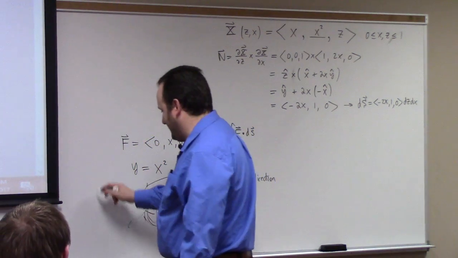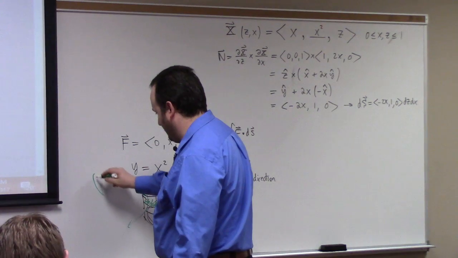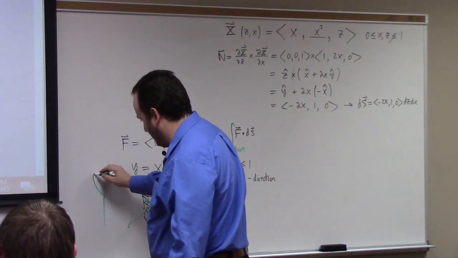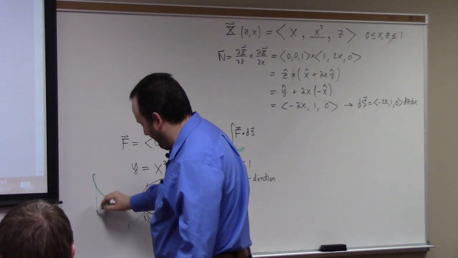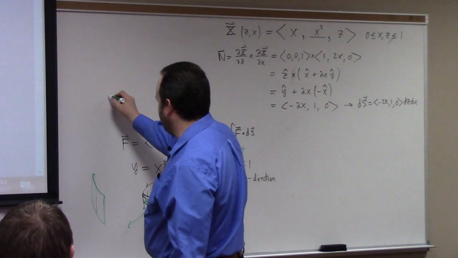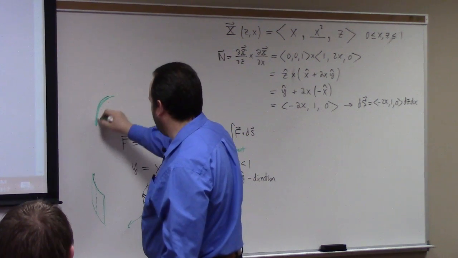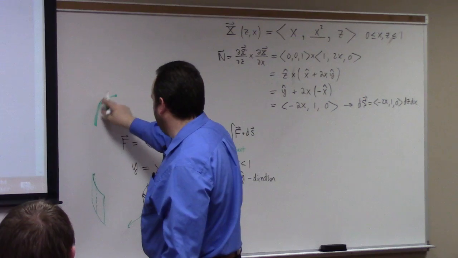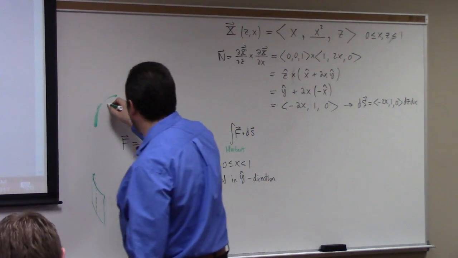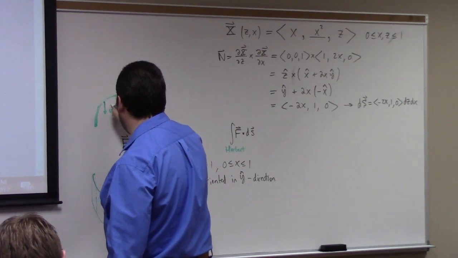Yeah, I can't draw it worth anything with my current choice of orientation. But I mean, it looks like this from the top view. And the y-hat is like this.